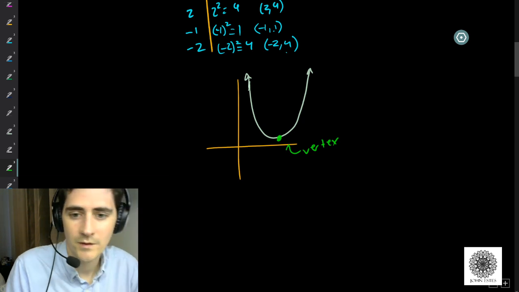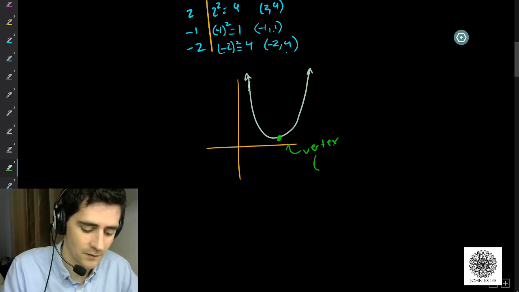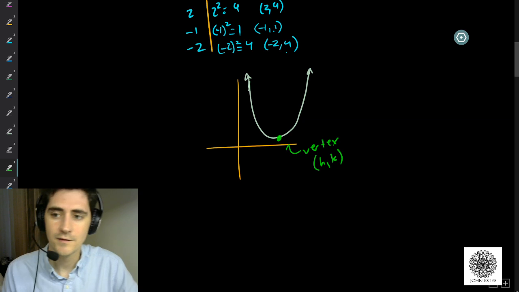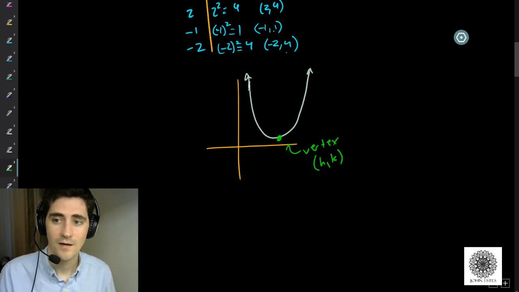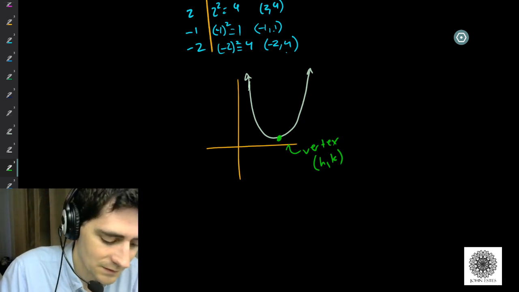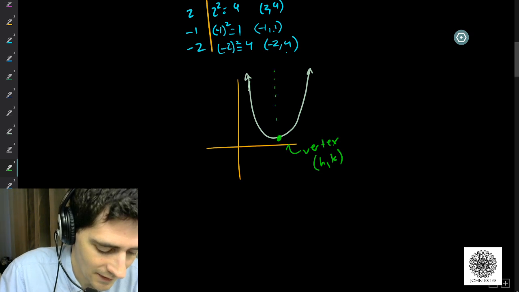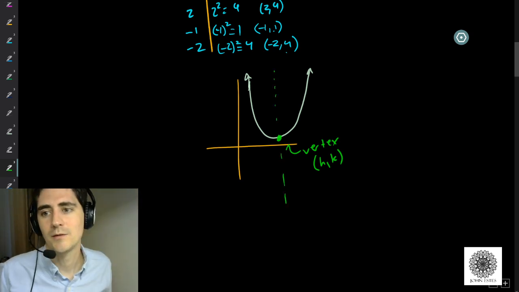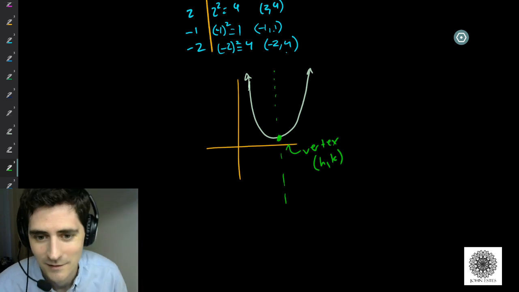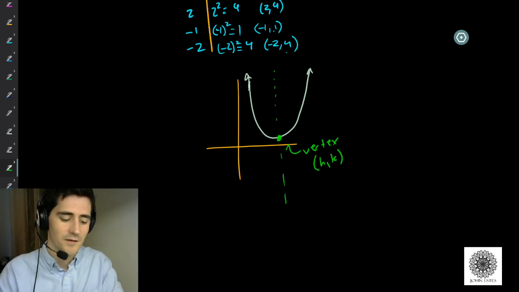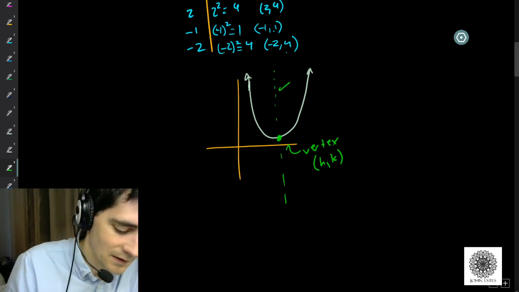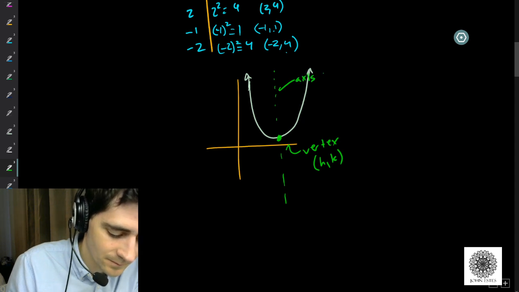And typically we denote the vertex with the letters H, K. H for the x coordinate, K for its y coordinate. Okay, we also have this axis that chops the parabola in half. Now mine's not scaled. The Desmos graph was much better than mine. But we call this the axis of symmetry.